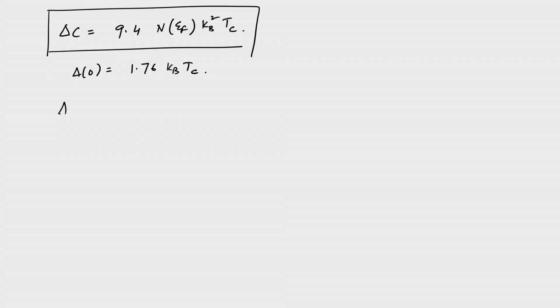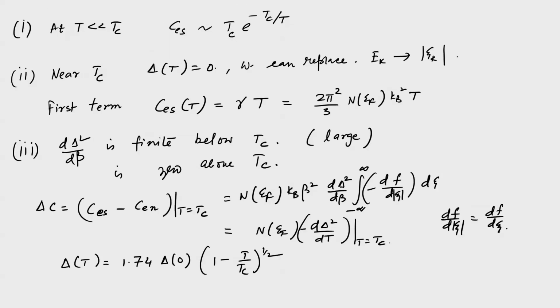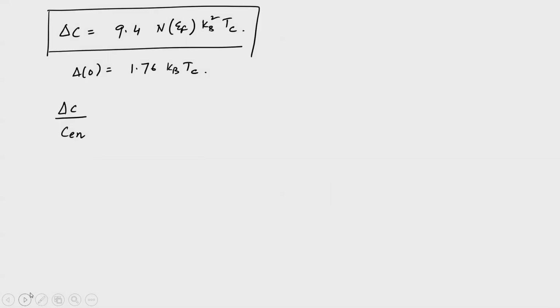So, the normalized discontinuity, if you are interested in that, is the discontinuity divided by the value of the metallic specific heat, which is a well known quantity. So, this is equal to that 2 pi square over 3 value, which is what we have just seen here, and this becomes equal to 9.4 divided by 2 pi square by 3, and this is equal to 1.43.